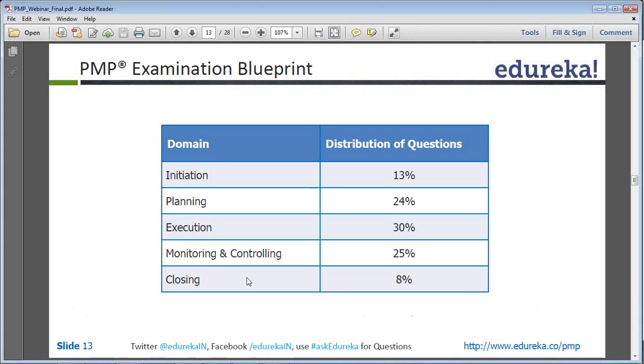Number three, if you have outsourced your project or part of your project to somebody else, like you have taken help of a consultant from outside, then you as a project manager have to authorize all the work that they have done to the extent which is properly done, and you have to close the contract for them so that your vendors are able to get their payments. So that is closing.